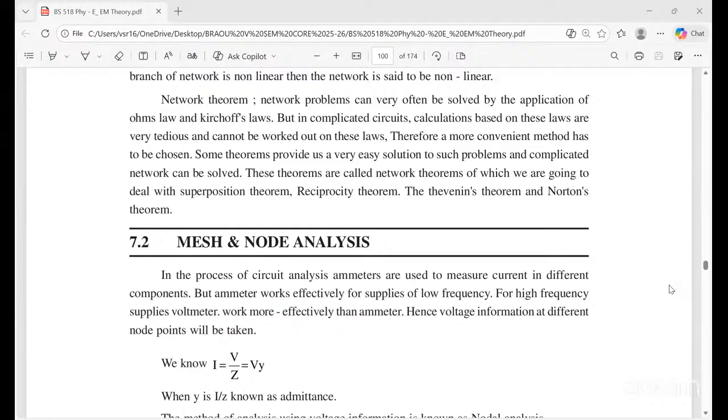For lower frequencies, ammeter. Whereas for higher frequencies, voltmeters. Okay. So the voltage information at different node points will be taken. So I equals V by Z, which you can write as VY, where Y is the admittance.